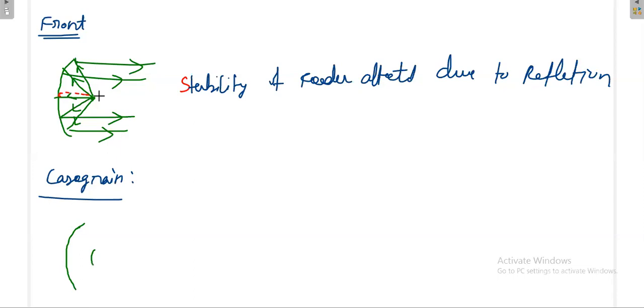To overcome the stability problem, they place the feeder here. This feeder gives the signal to the sub reflector, then it goes here and goes like this. Now the stability problem is somehow overcome, but what happened? Here we are using two reflectors, the main, primary reflector and the sub reflector. This is the primary reflector.